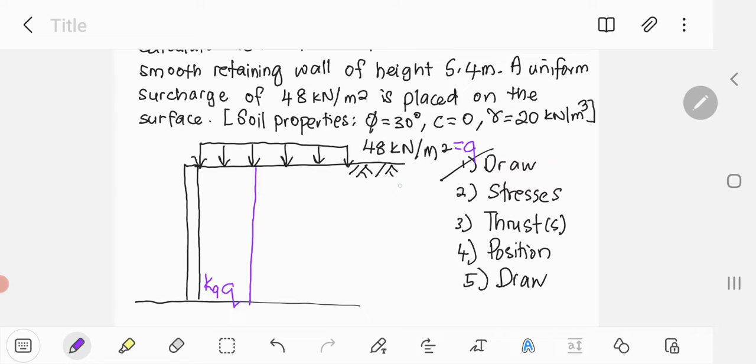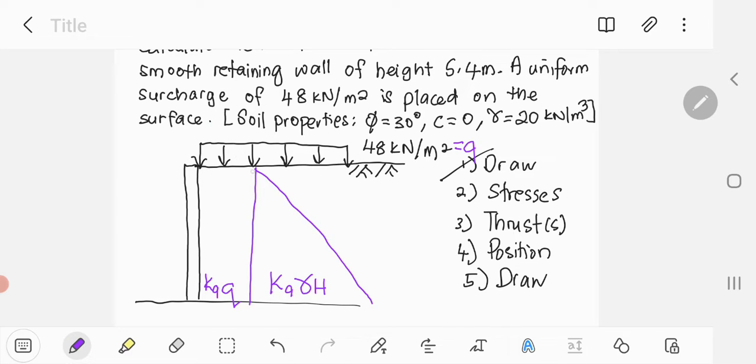And then you must remember, behind this retaining wall there's also soil. So draw a rectangular section to represent your soil, given by gamma H. And then because it's inside the soil, you must multiply by the coefficient, which gives Ka gamma H.